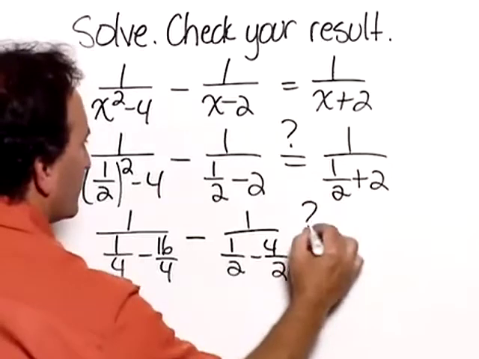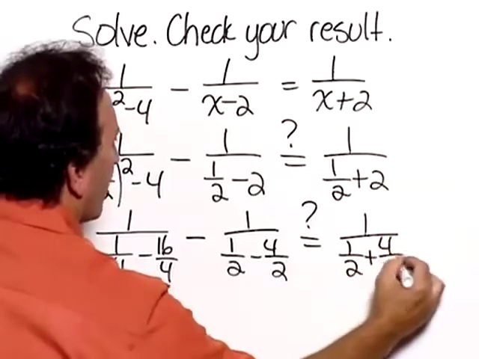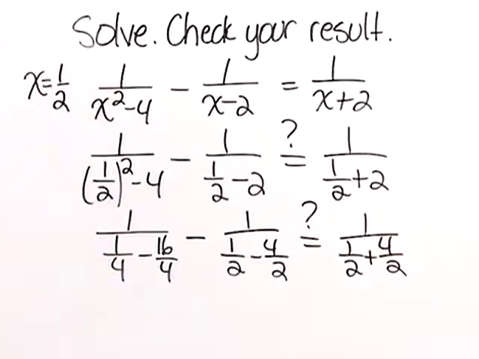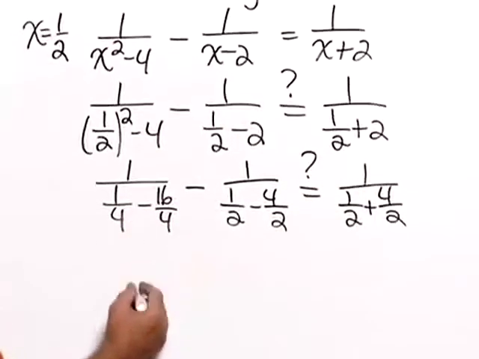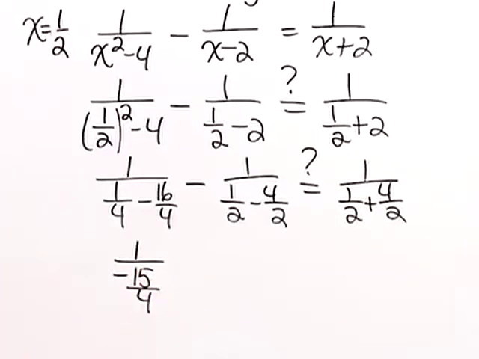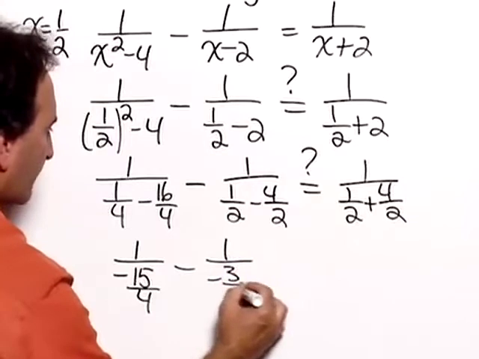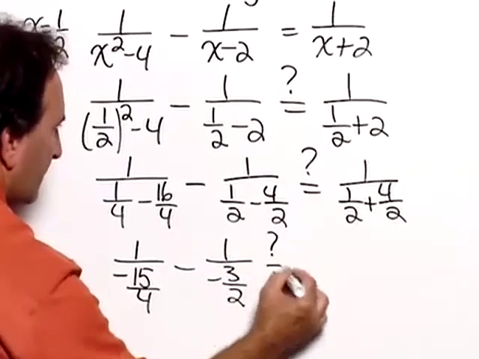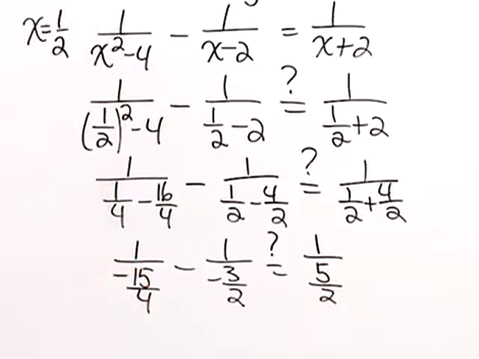We're still interested in, does that equal 1 over 1/2 plus 4 over 2, changing the 2 into 4 over 2. Now in this denominator, 1/4 minus 16/4 is 1 over negative 15/4 minus 1 over negative 3/2. Does that equal 1 over 5/2?